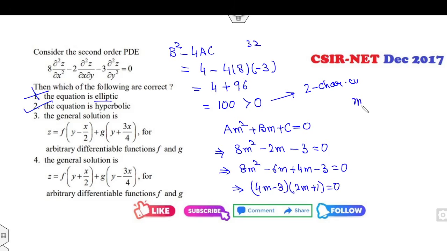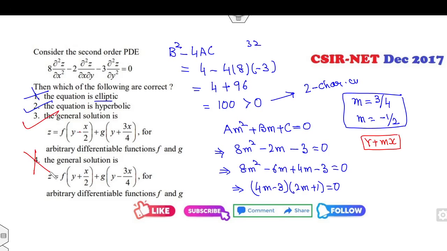So your roots are m is 3 by 4 and m is minus 1 over 2. So you can write the equation directly as y plus mx, fine, because these are constants. So that means y minus x by 2, y plus, this is the right answer, this is the wrong. So your correct answers will be B and C for this problem.